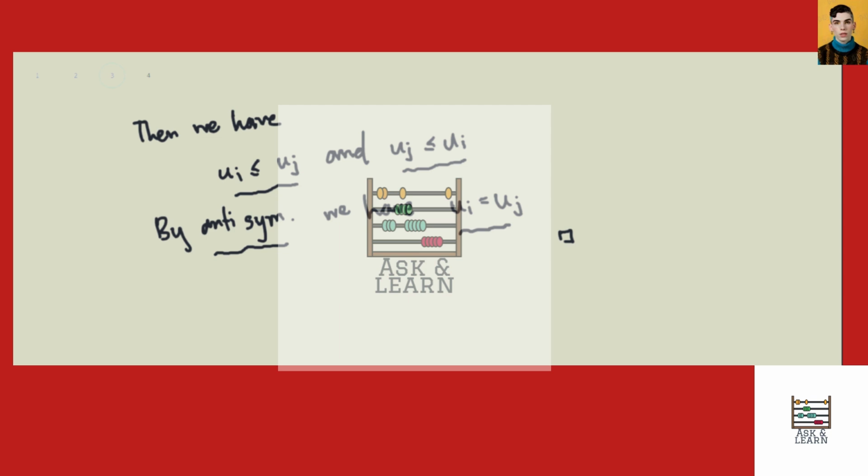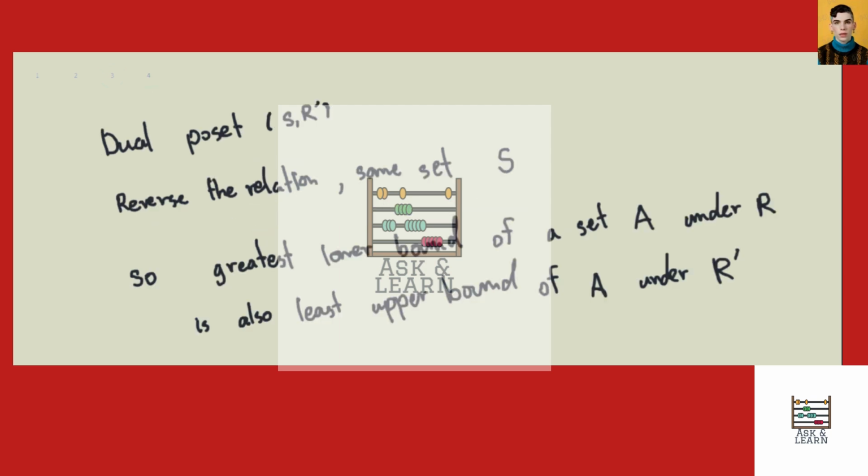Now for the dual poset statement, we start off by saying that the greatest lower bound, which is what we want to prove, of a set A under a relation R that we start with, is also in fact the least upper bound of the set A, the same set, but under the reverse relation.